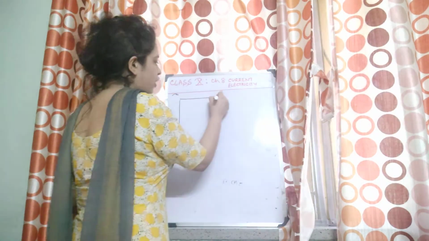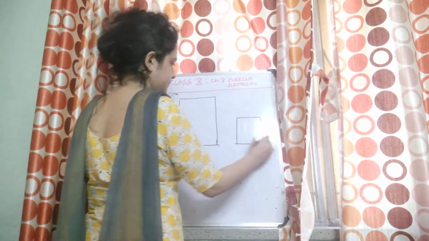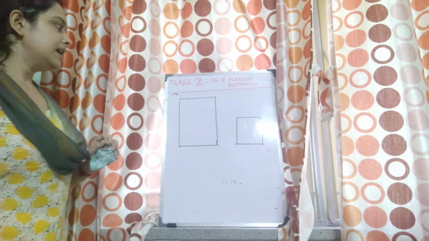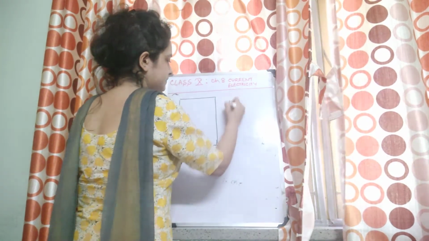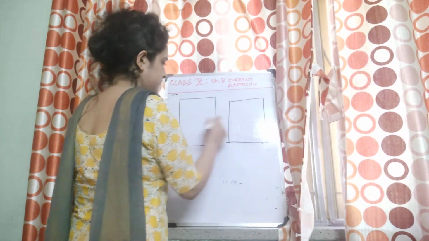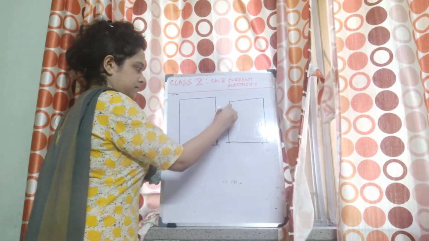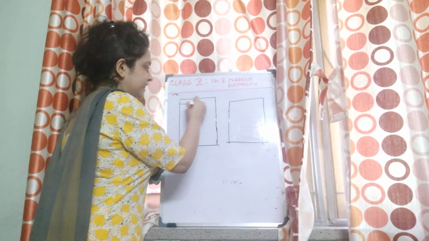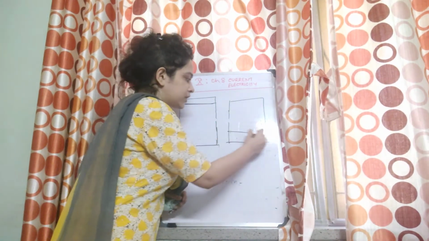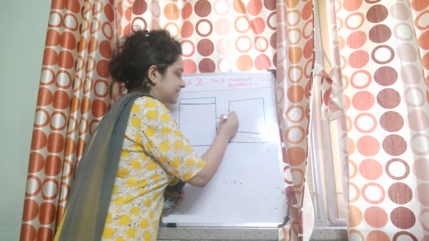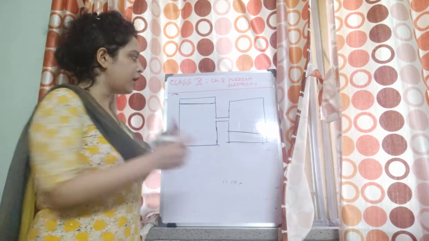Now, how is it determining the flow of current? Suppose you have got two tanks. Okay, you have two tanks. Here you have water level up to this, and here you have another water level, and this is connected. Where will the water move from?